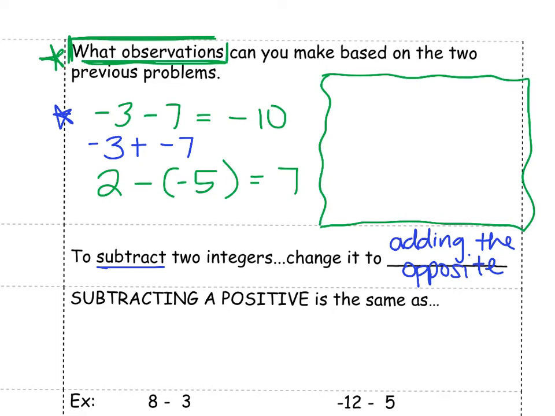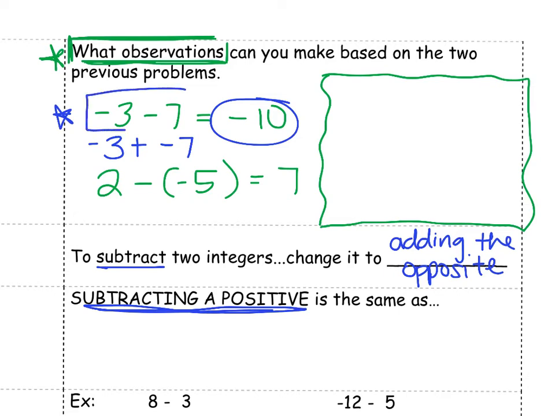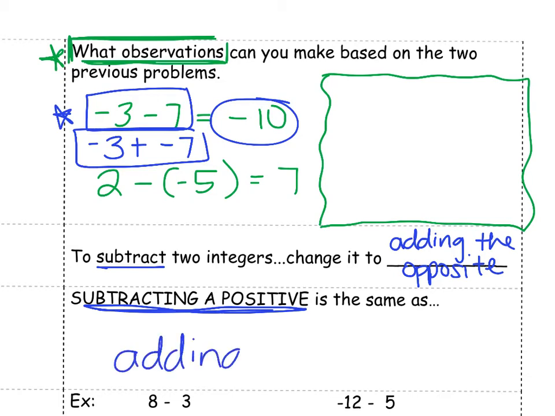Now we changed it into an adding with the same sign. Easily know that's going to be negative 10. So if we are subtracting a positive, it is the same as adding a negative.